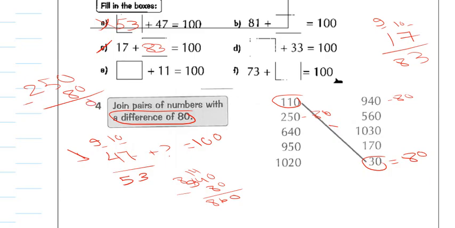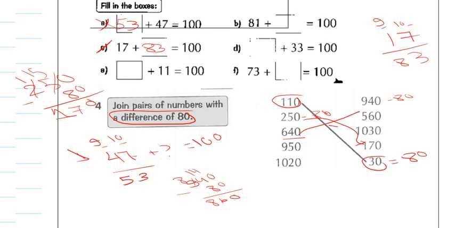I will take 1 from 2 and this 5 will be 15. 15 minus 8 gives me 7 and it will be 170. So if you take 80 from 250 gives you 170. 640 minus 80, check, it will be 560.